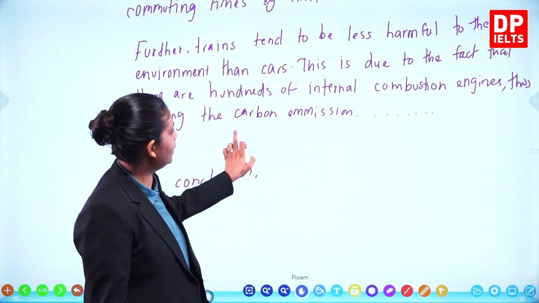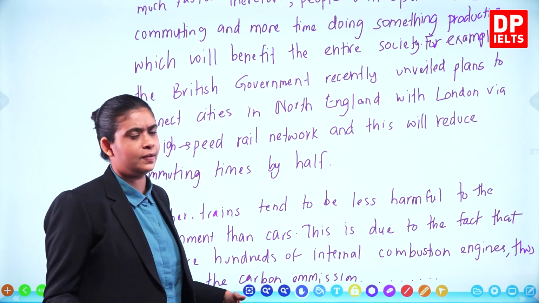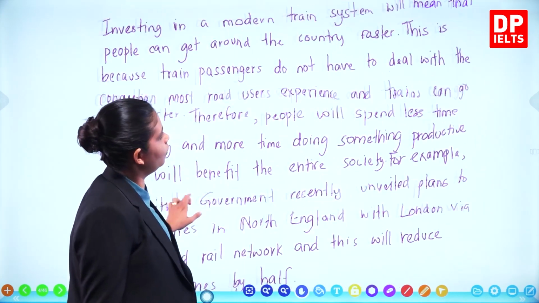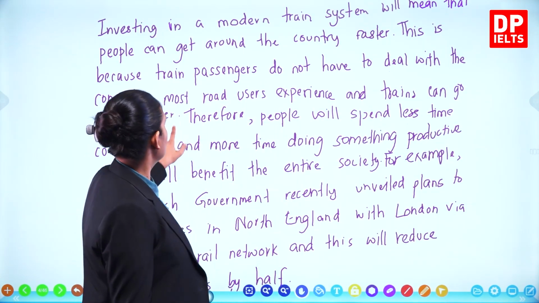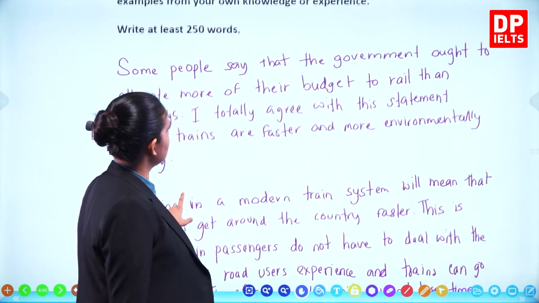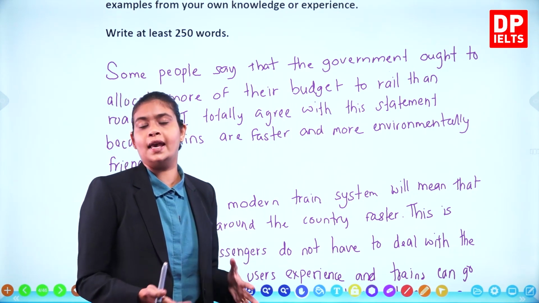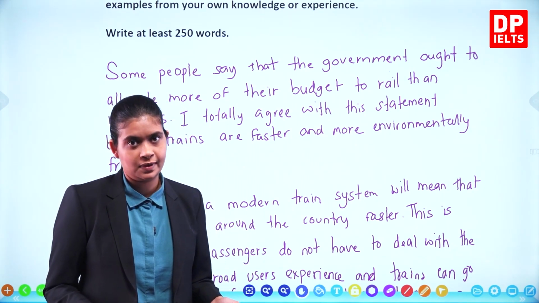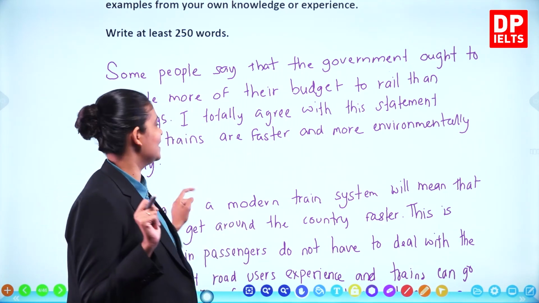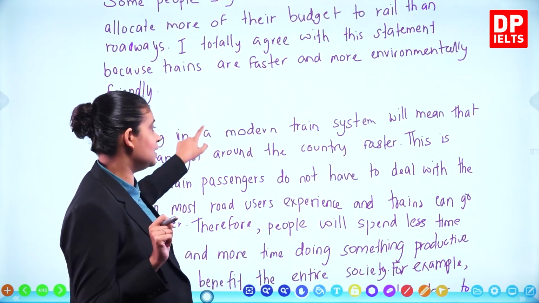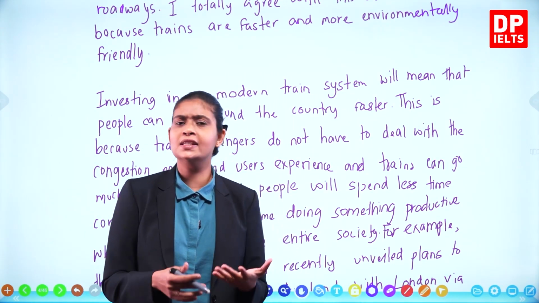Now, why I have stopped it is because we've done so many writing tasks. By now you know what I'm getting at and what the style of writing is. So here what I've done is I've said that I totally agree with it. I say yes, you should spend more money on the railway system. You can disagree with it. What I say is investing in the modern train system is better. One thing is it's faster.